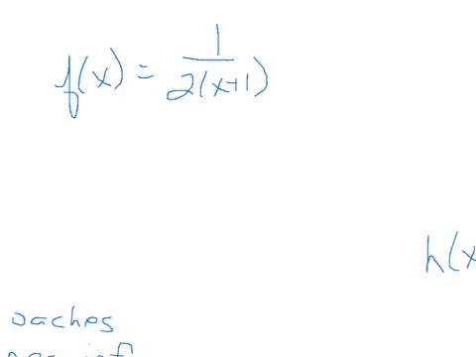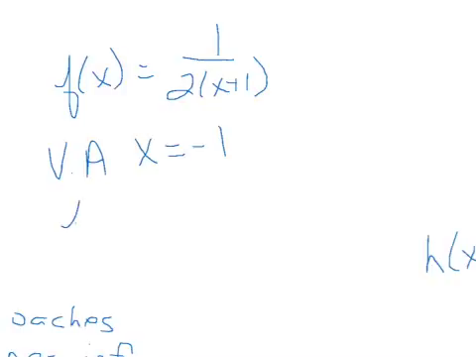What is our vertical asymptote? 1. Is it just 1? Is that a vertical asymptote? Negative 1. Is it x equals negative 1? Your answer's not correct unless you give me the equation for the vertical asymptote.